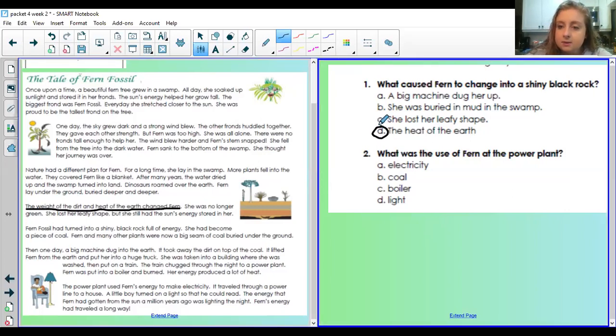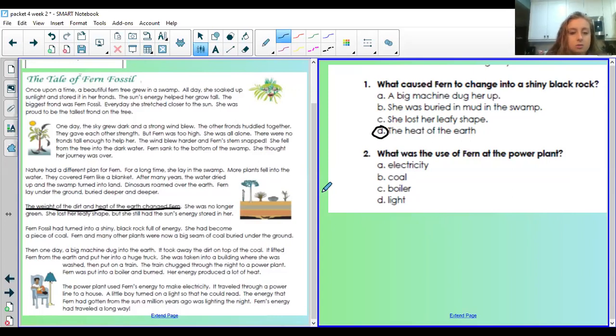What was the use of Fern at the power plant? So we got to go back to when she was at the power plant. Okay, more plants fell in, buried deeper. One day, a big machine dug into the earth. It took away the dirt on top of the coal. It lifted Fern from the earth and put her into a huge truck. She was taken into a building where she was washed and then put on a train.